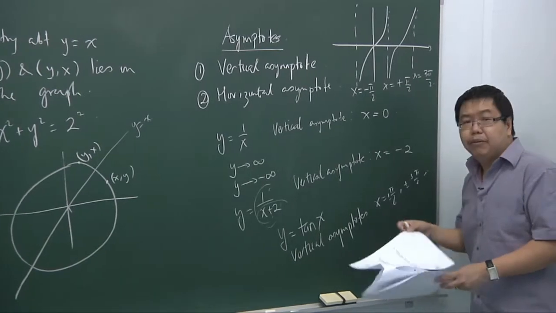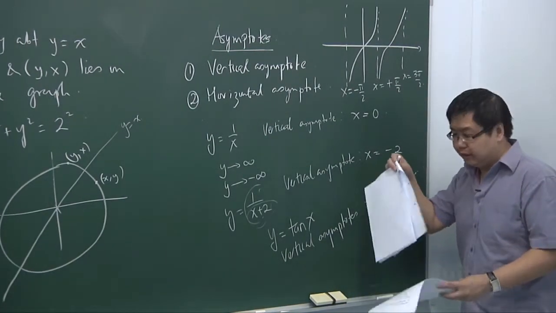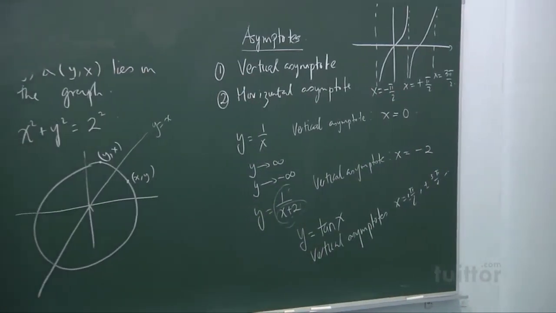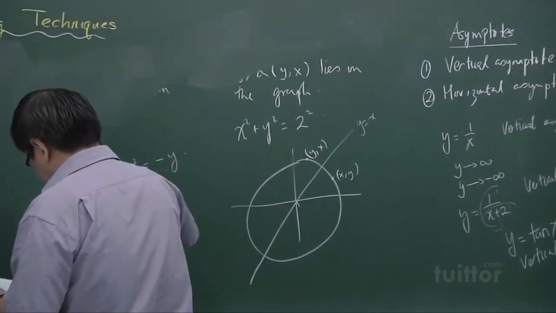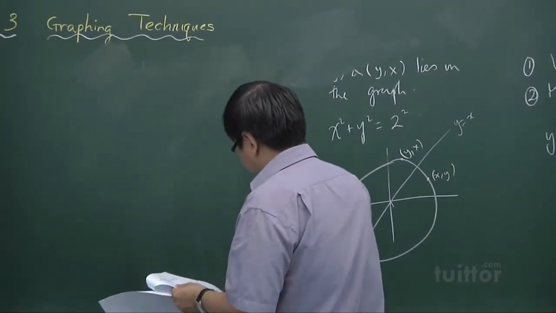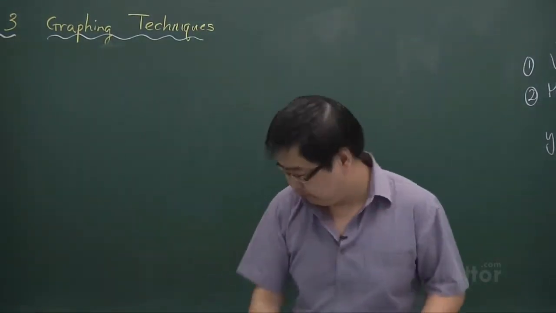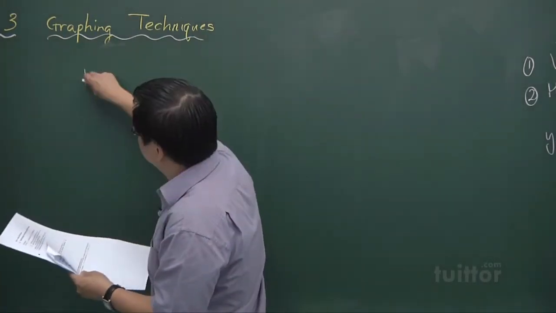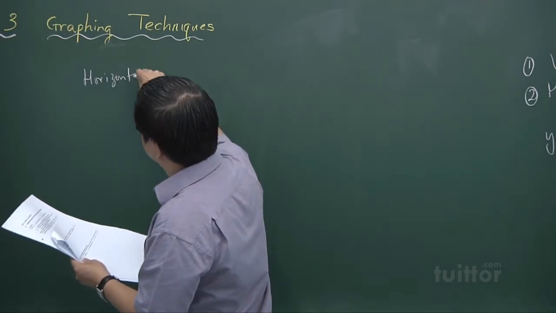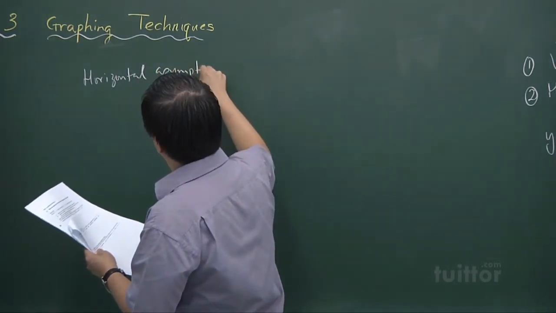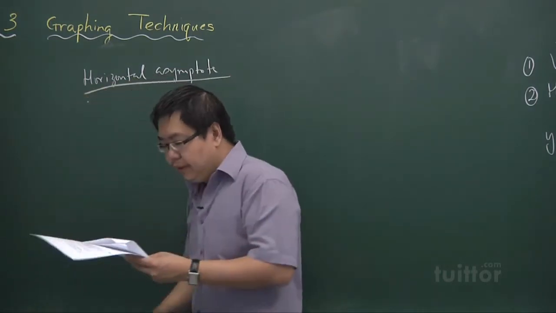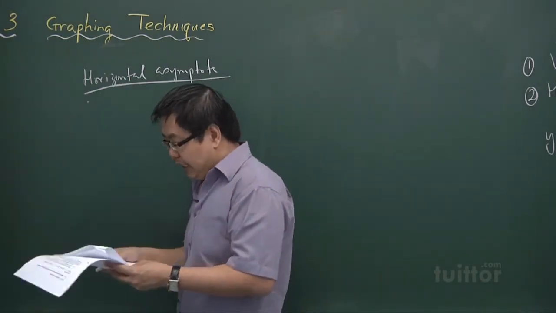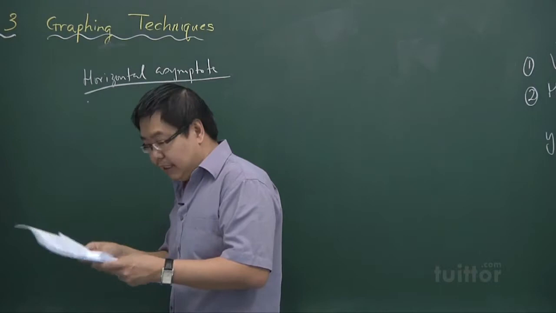Okay, now the next type of asymptote to go through is called the horizontal asymptote. For a horizontal asymptote, the definition is that it's the line y equals k where the curve approaches as x tends to infinity or x tends to minus infinity.